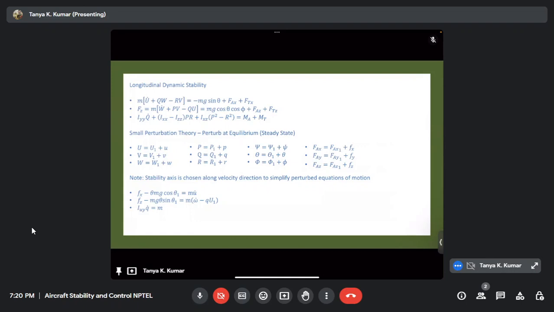What do we do there? We perturb the body at equilibrium. What is an aircraft in equilibrium? The steady state equations.